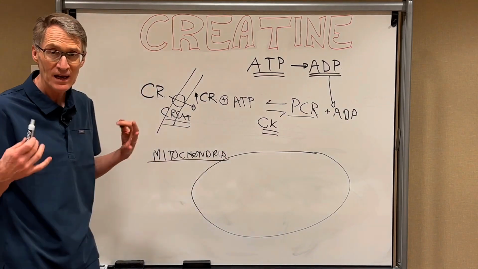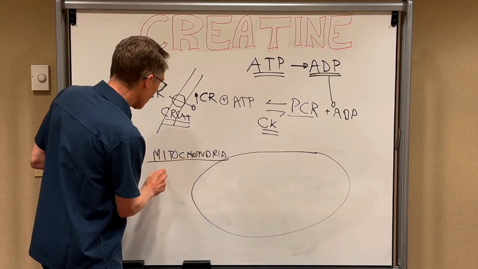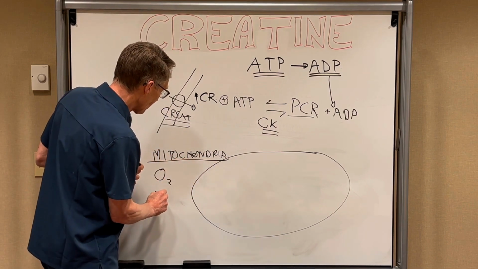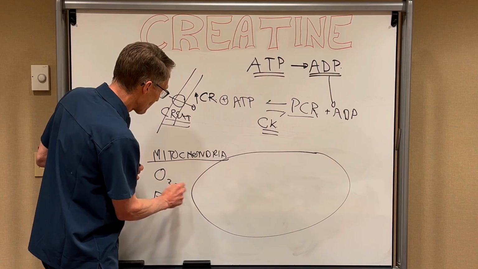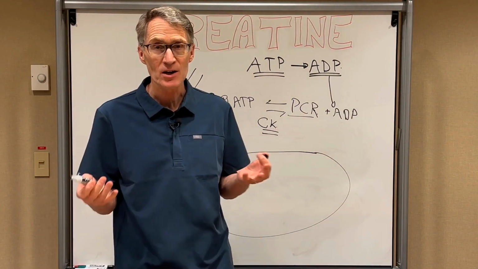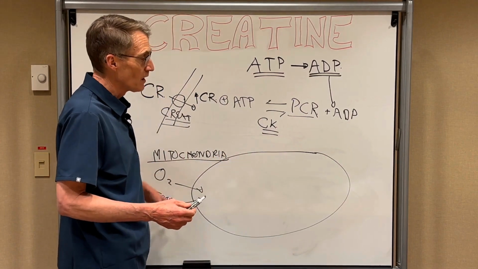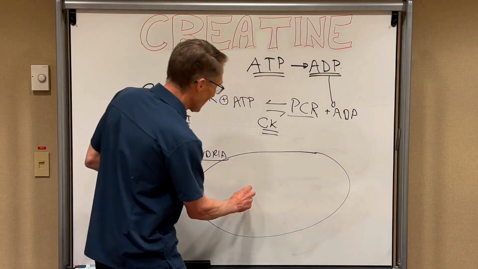So these are in every cell in our body except for red blood cells. And what they do is they take the oxygen that we breathe and the food that we eat, and through a very elaborate system called the respiratory chain or electron transport chain, we can take the potential energy from our food mixed with oxygen to make ATP.